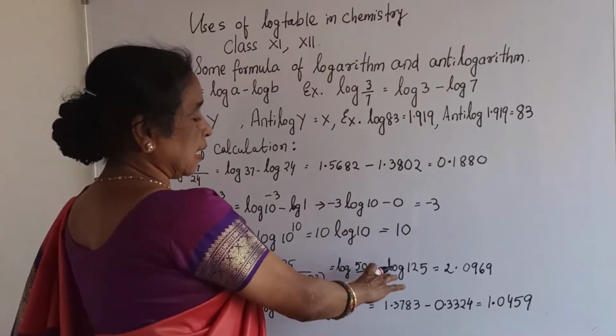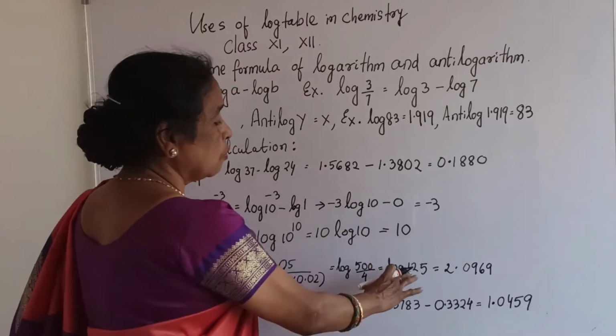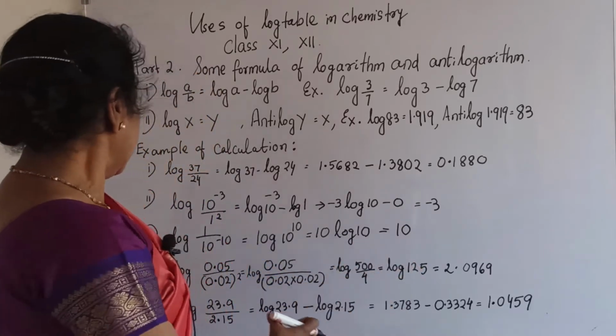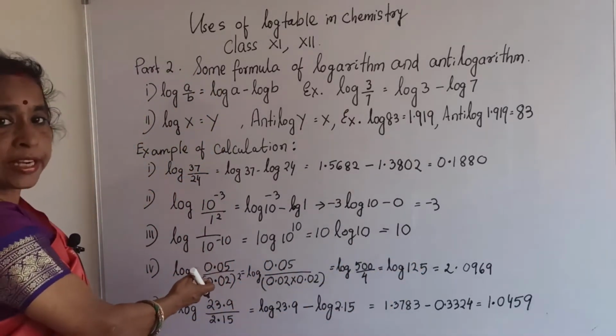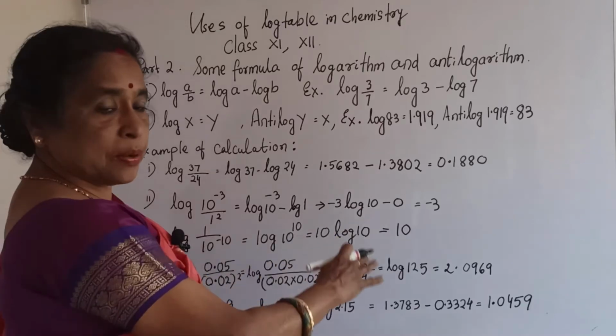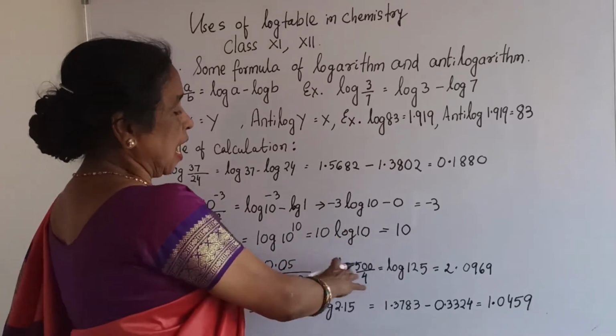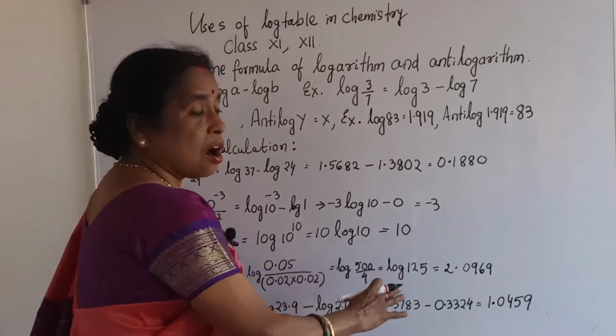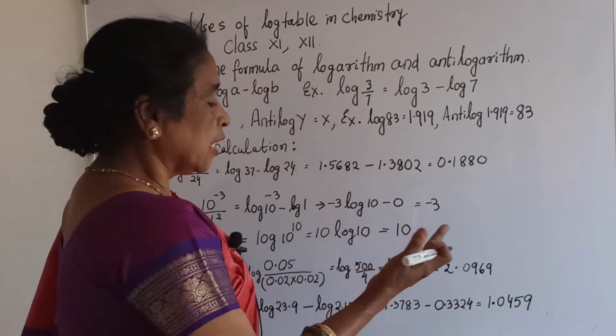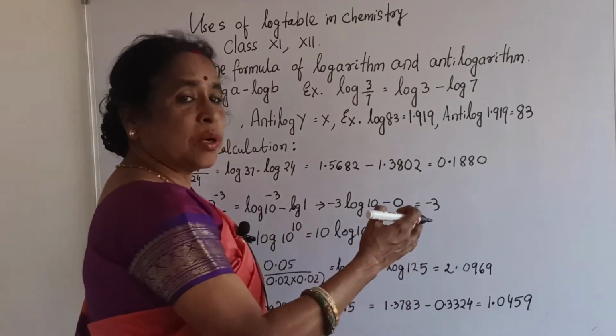Then what is the last value? Log 125. See, when you see this one it looks so complicated, but when you simplify the process, you will get here log 125. It is very easy.